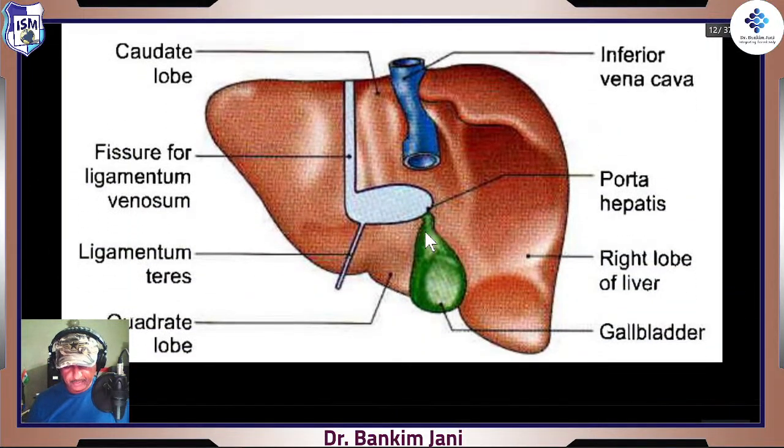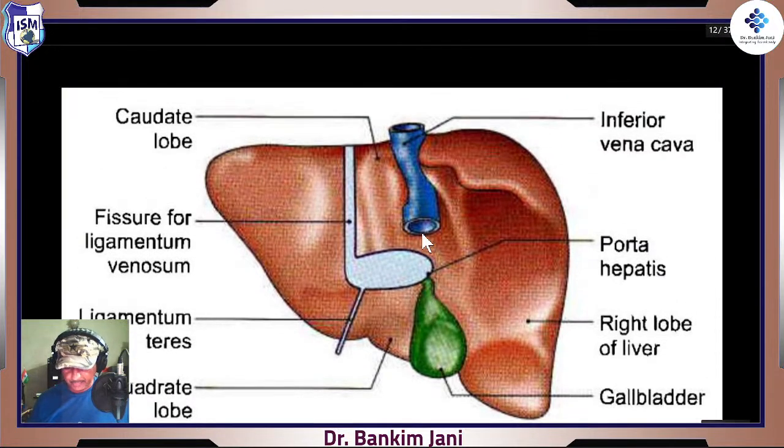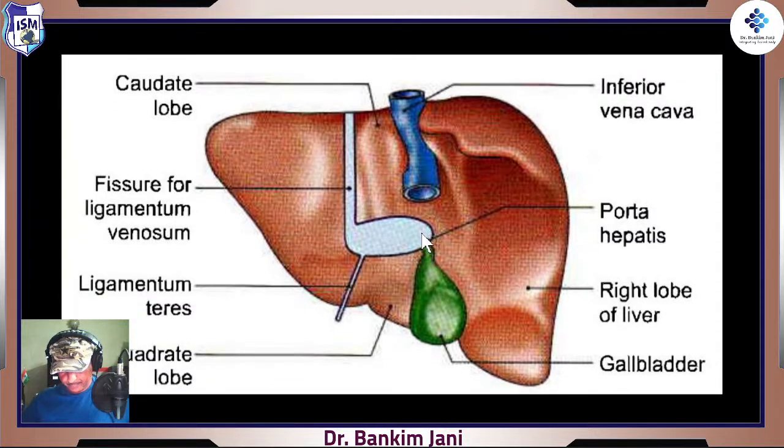Watch for this part. This part should be completely clear. All the structures, yes, the porta hepatis, that is fine. Right lobe of liver, no extra marks for that, right? This is gallbladder. Yes, this is the extra projection, so that would be fundus. And this depression in which the whole thing is sitting, that is the body, right?